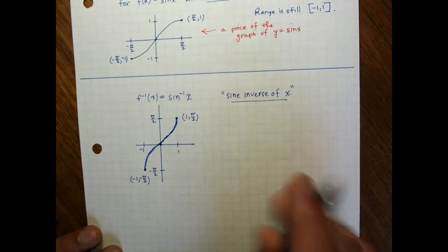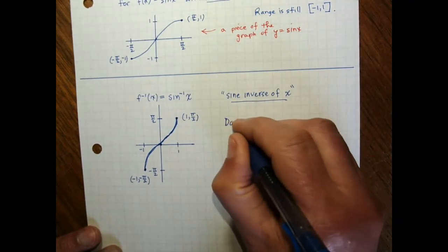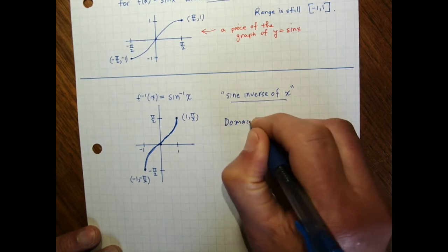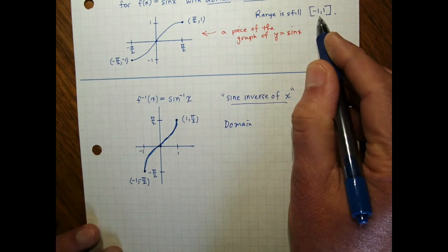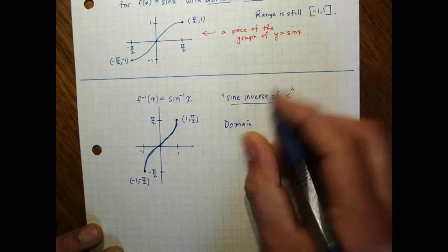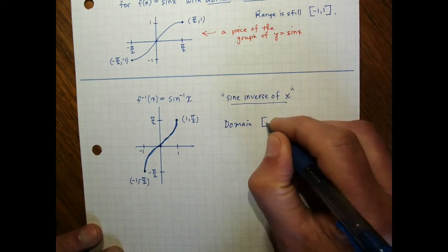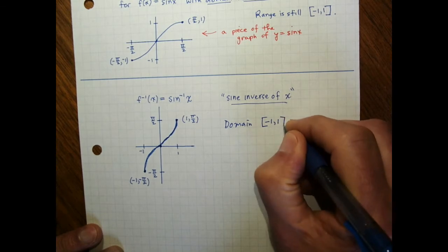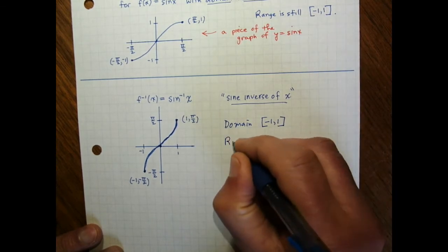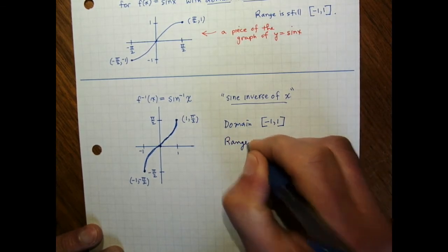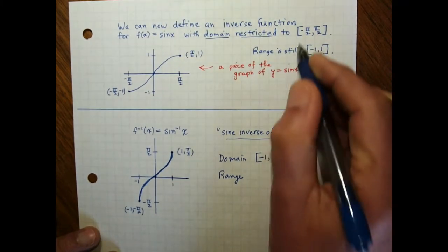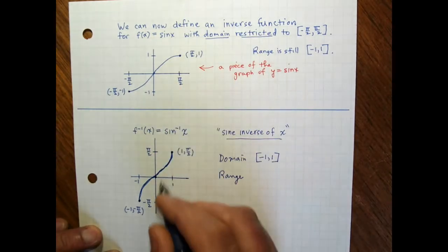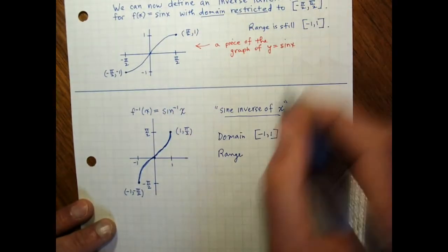The domain of the inverse function is actually the same as the range of the sine function. Its domain is square bracket -1 to 1. Its range is the same as the restricted domain that we used to define it from the restricted domain of sine.